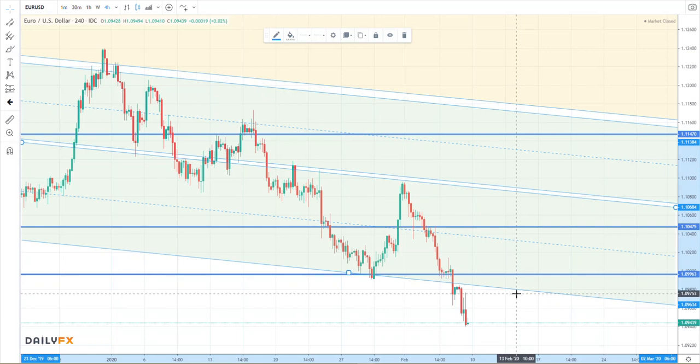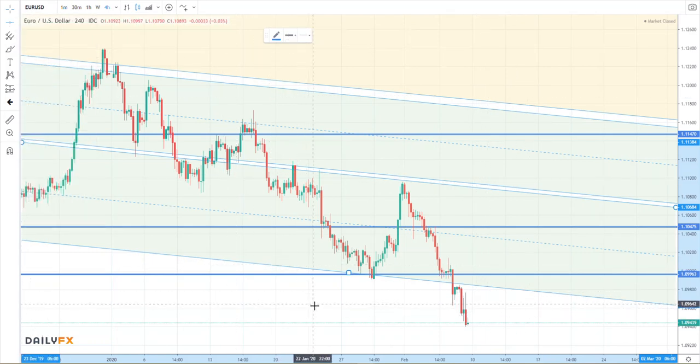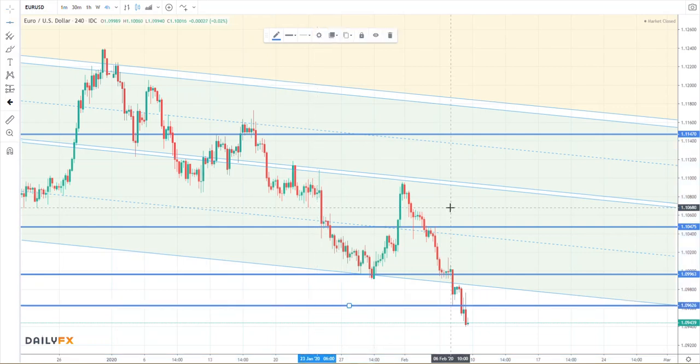A pullback to here might be as far as price goes. We can see it was really pushed and rejected. It could potentially cap out here at the 1.0960 area, depending on how much selling action really happened.